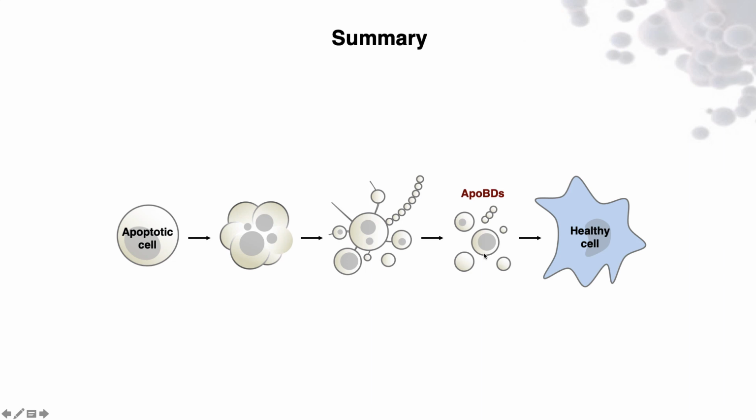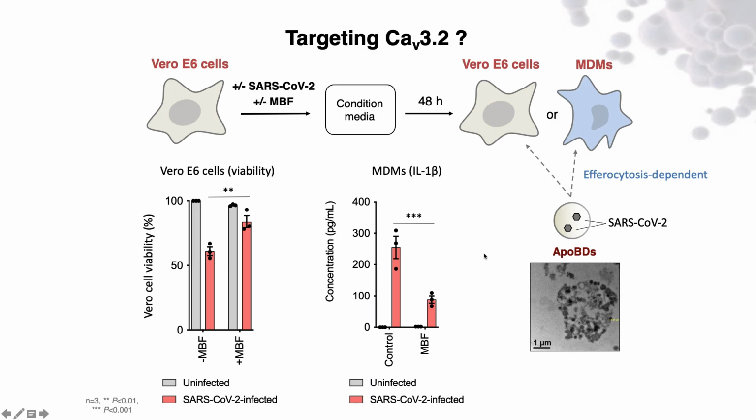But if you're interested, I can show it to you a bit later, that the apoptotic vesicles, through an efferocytosis-dependent mechanism, can traffic the virions to epithelial cells and also other macrophages and cause them to die and actually elicit a pro-inflammatory response. So therefore, we think that potentially blocking the formation of apoptotic bodies or maybe targeting the efferocytosis step could be a way to limit this particular pathway of trafficking of SARS-CoV-2.